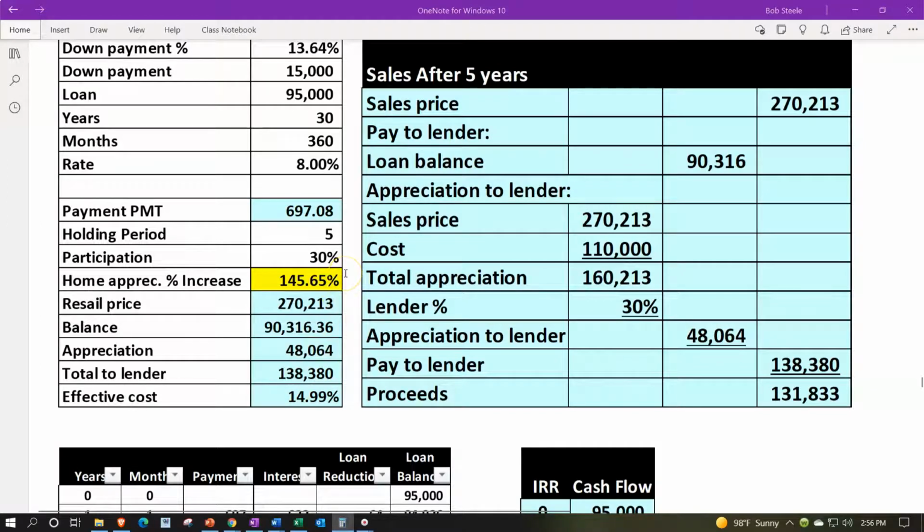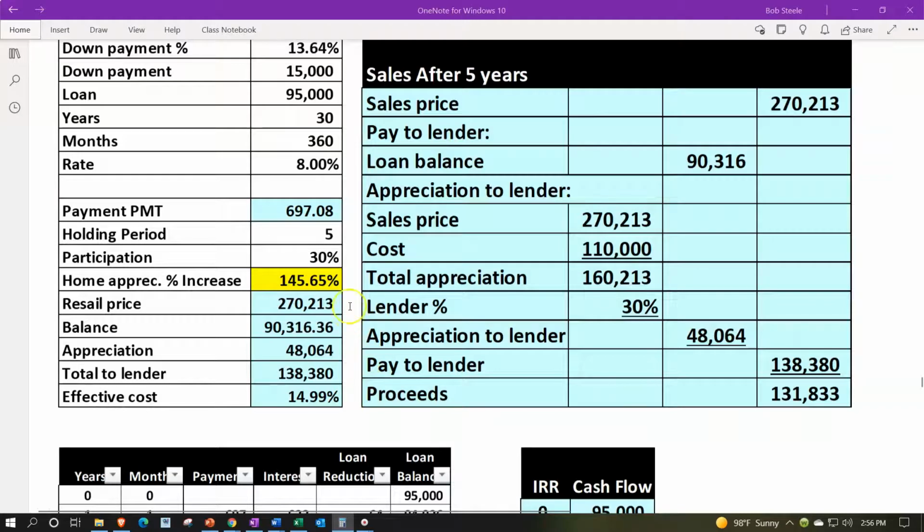In other words, change the percentage increase in the appraisal, which will then calculate the resale price to whatever it needs to be, so that I get an effective cost here of about 15%. And that's one way you can think about these different scenarios, using GoalSeek and then backing into the appreciation.